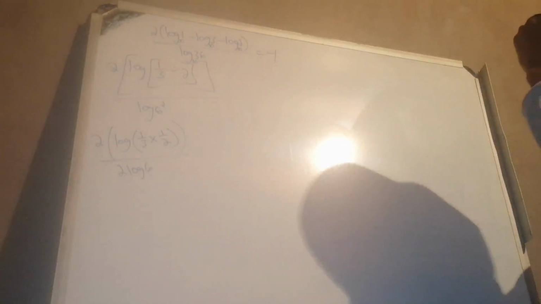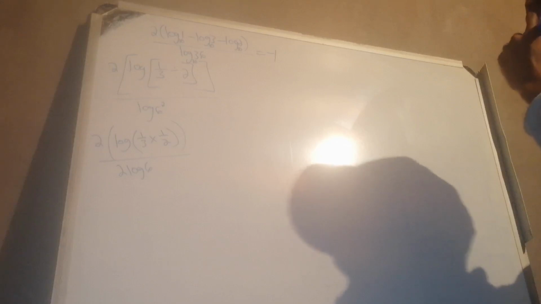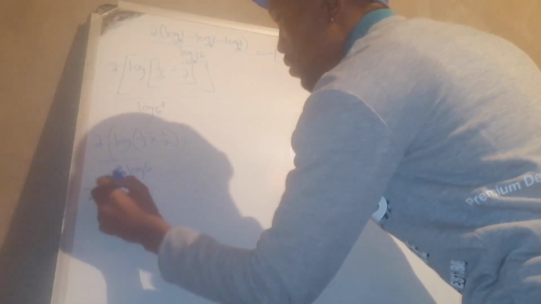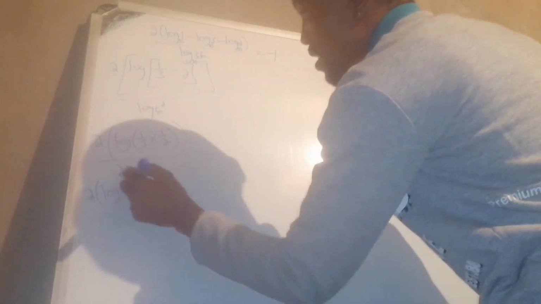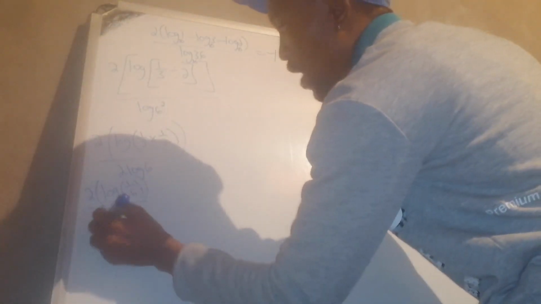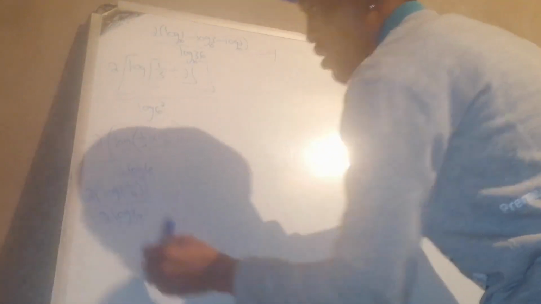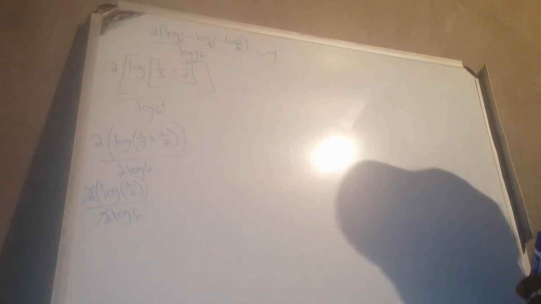And then when that is done, I can continue and say I have log of 1 over 6, because this is 1 over 6 all over 2 log 6, and this 2 and that 2 go once into each other.